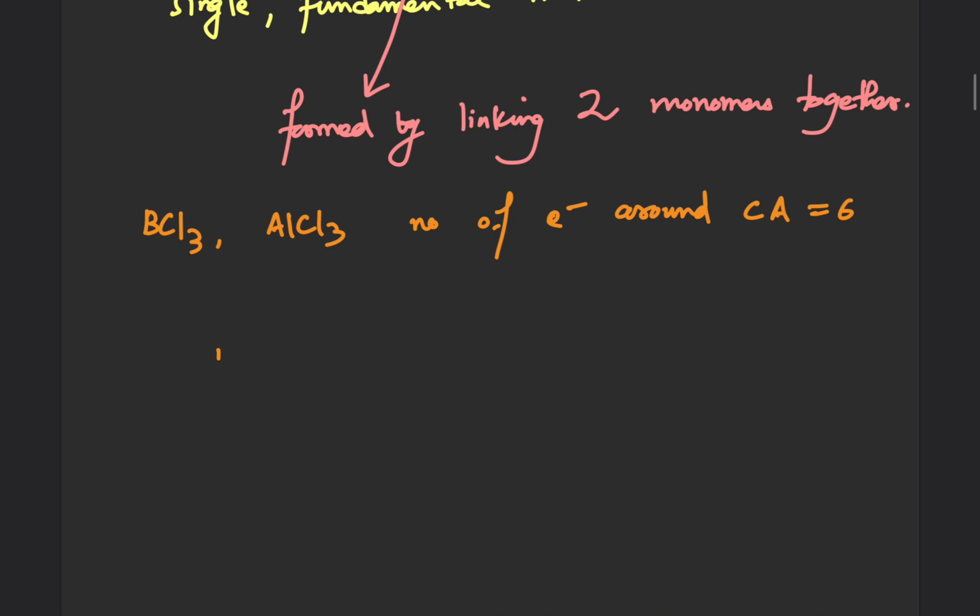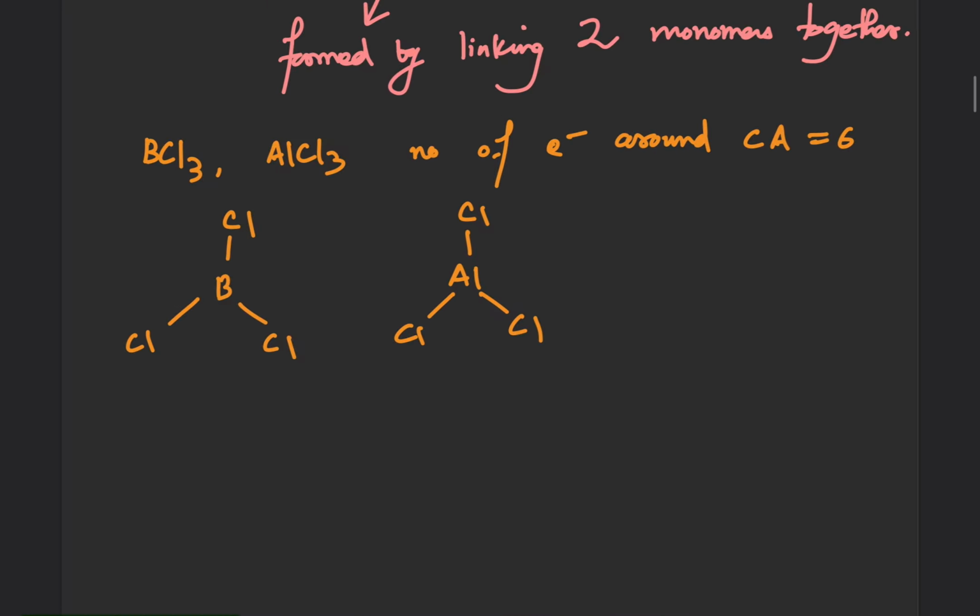Okay, with respect to the diagram, you can see boron has 2, 3, 4, 5, 6 electrons around it. Aluminium also has 2, 3, 4, 5, 6 electrons around it. So therefore they behave as electron deficient molecules.